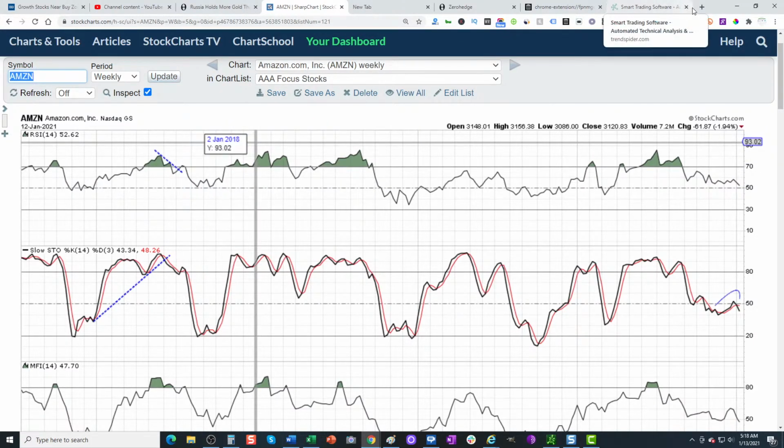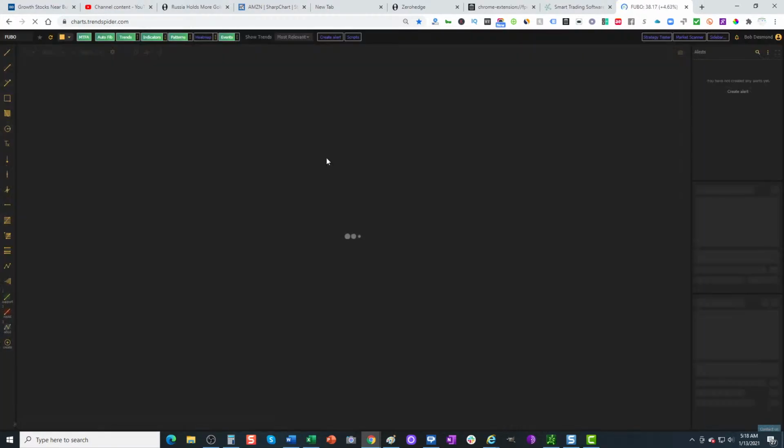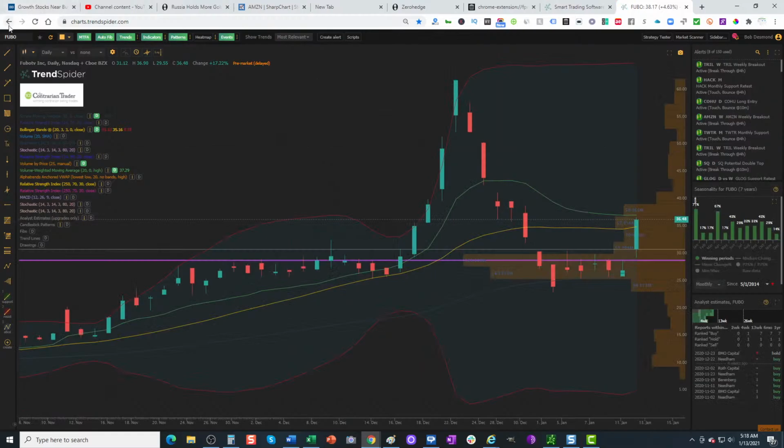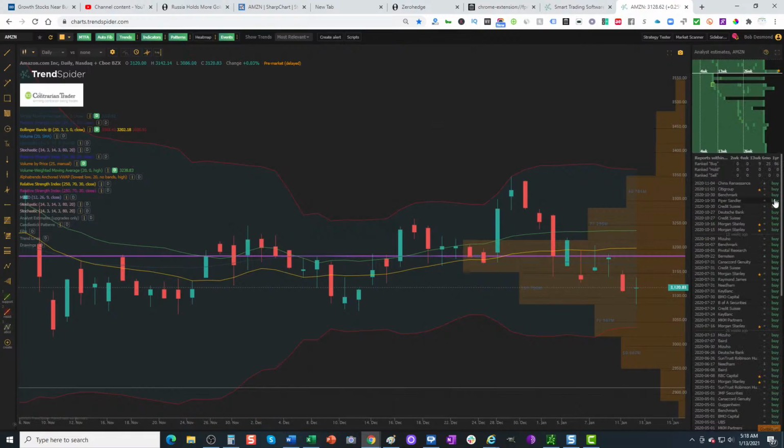And when you take a look at, let's go to TrendSpider for a second. Look at all of the buys on Amazon. This is nuts. There isn't a single sell or hold on Amazon stock. Not one single hold or sell.